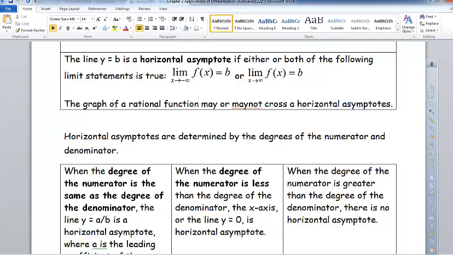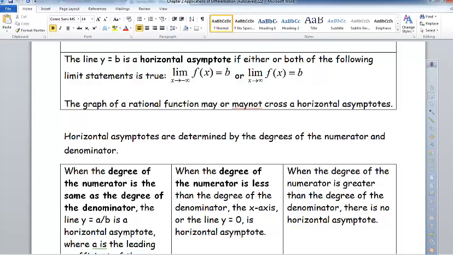That is, as x gets larger and larger, or as x gets smaller and smaller, more negative, the function itself tends to balance out at a particular value. So it is possible for us to cross a horizontal asymptote, but eventually it tapers off and it guides our function. The horizontal asymptote will guide the function.